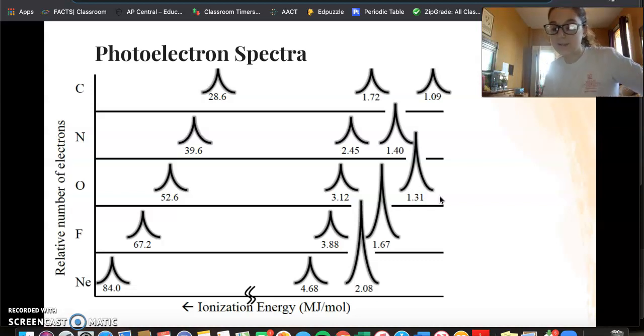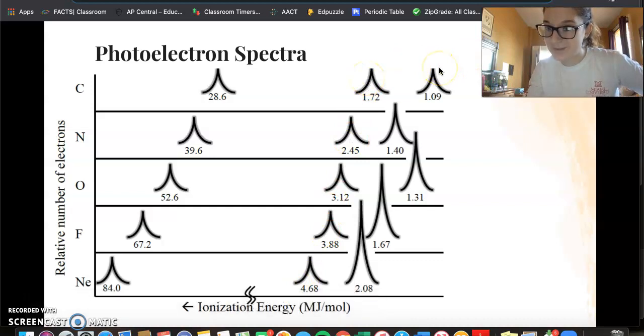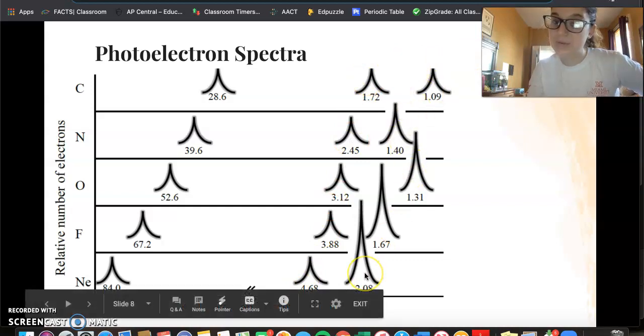So the PES data shows us that n equals 1 can hold up to 2 electrons, n equals 2 can hold up to 2 electrons in the first subshell, but up to 6 in the second subshell. So this first 2s here can hold 2, and then what we come to describe as 2p can hold up to 6.